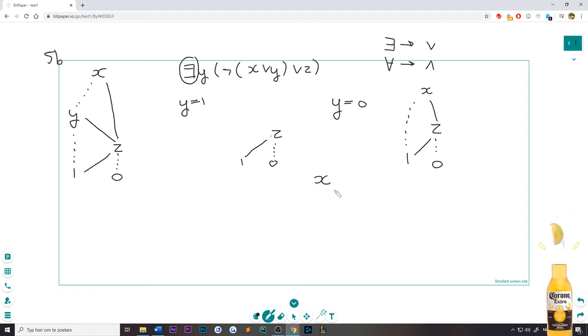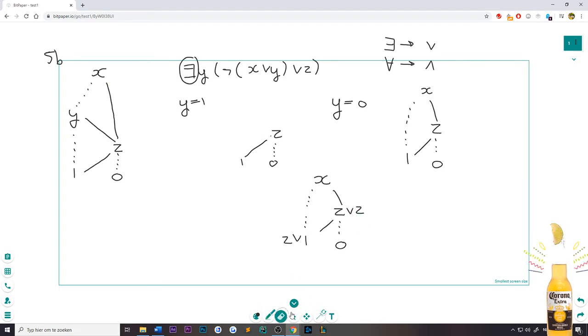So we have x goes to z and goes to 1. Right, so this z we can plug in here, and we can plug it in here, right? So what we get is this becomes z or 1, and this becomes z or z, right?